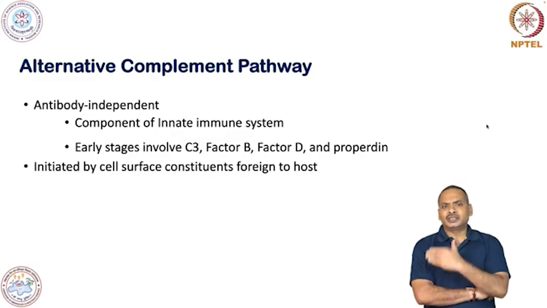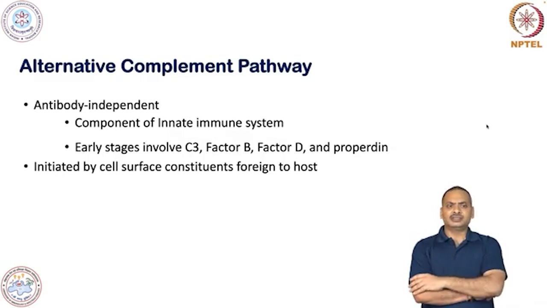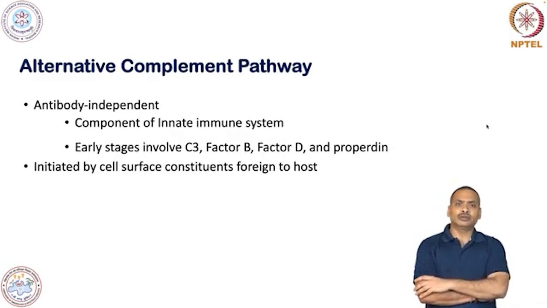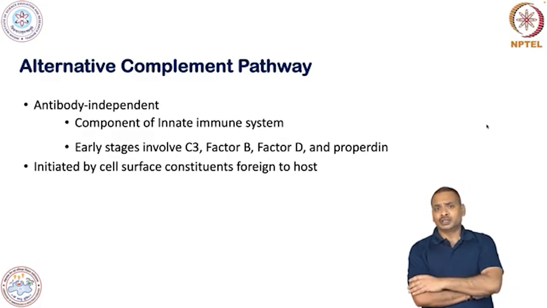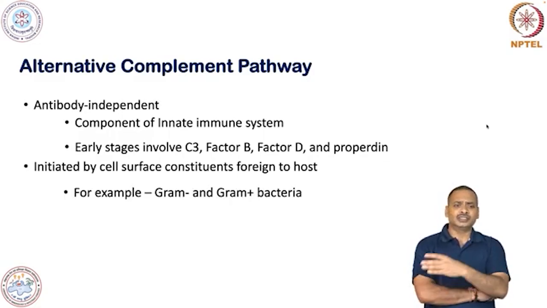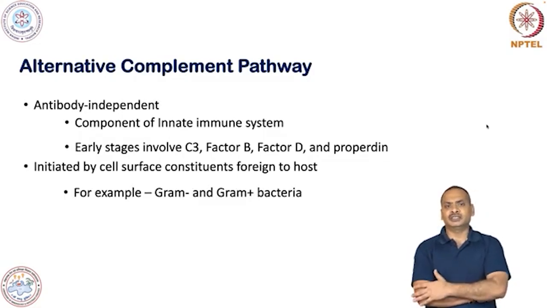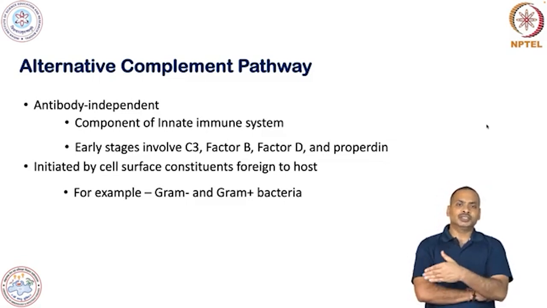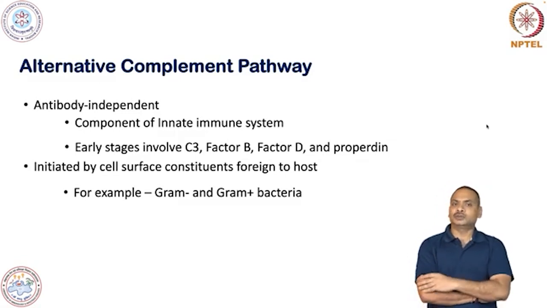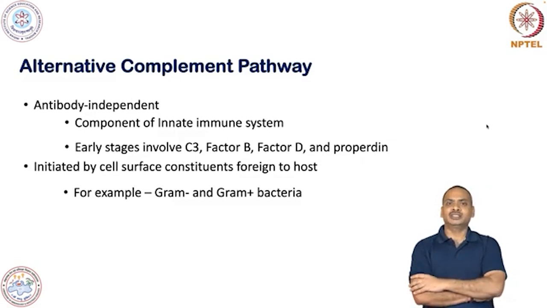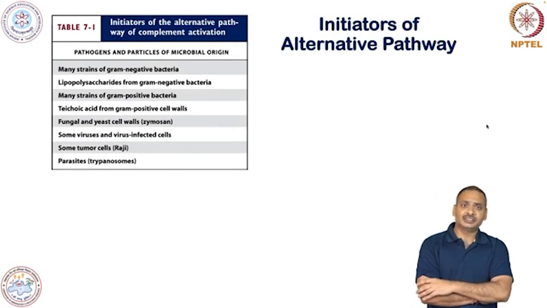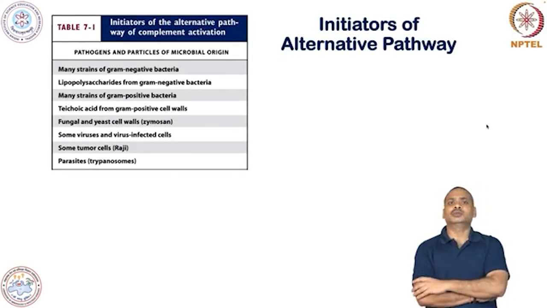There are several factors which initiate this alternative complement pathway, and most of these factors are basically foreign to the host. For example, there are gram positive bacteria and gram negative bacteria. I will show you in more detail what factors from gram positive and gram negative bacteria can initiate the alternative complement pathway.